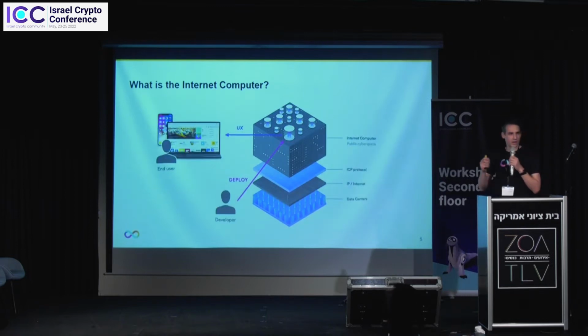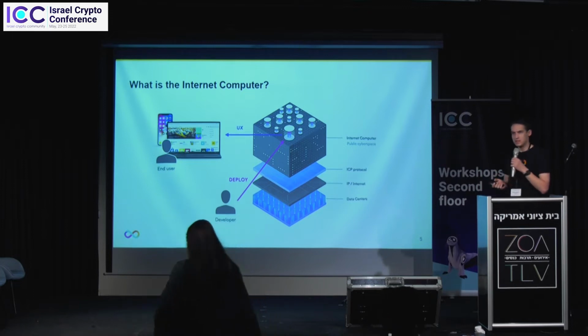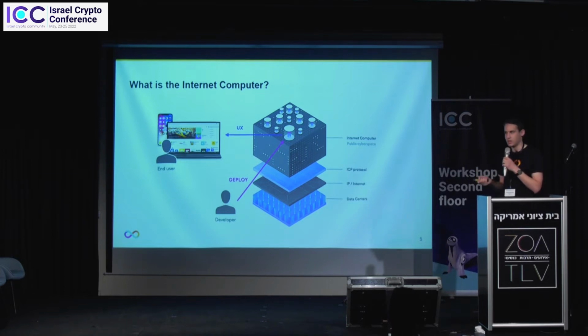Right, but in this workshop, we're going to take a little bit different perspective, because we're going to treat it essentially like just a serverless platform to run our code on. Because you can treat the whole internet computer as a cloud platform, if you will. And we will deploy a canister. This is what we call the smart contracts on the internet computer, which are just WASM modules. So you can write your smart contracts in any language that compiles to WASM.